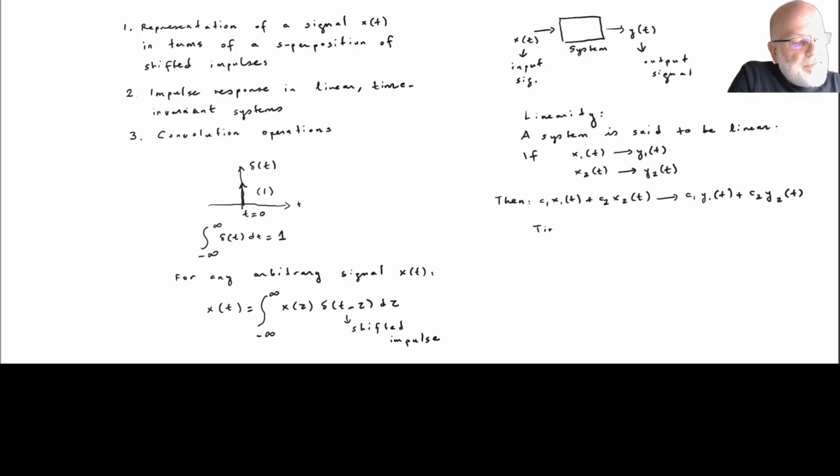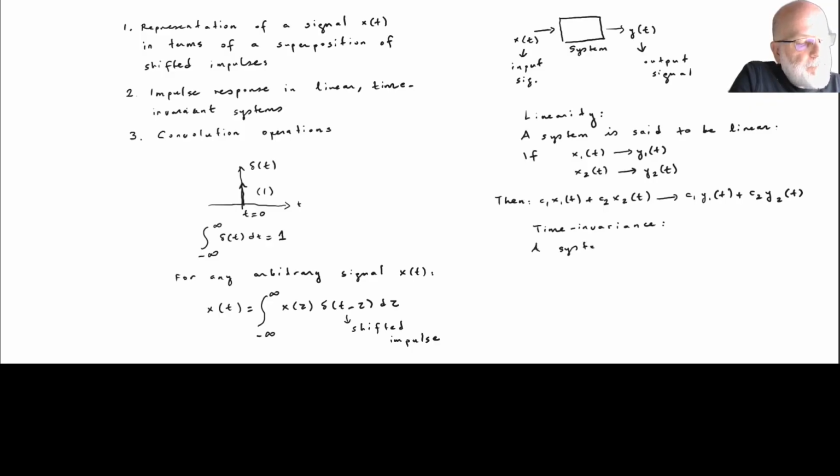The second important property satisfied by certain systems is time invariance. Now, time invariance is defined as follows.